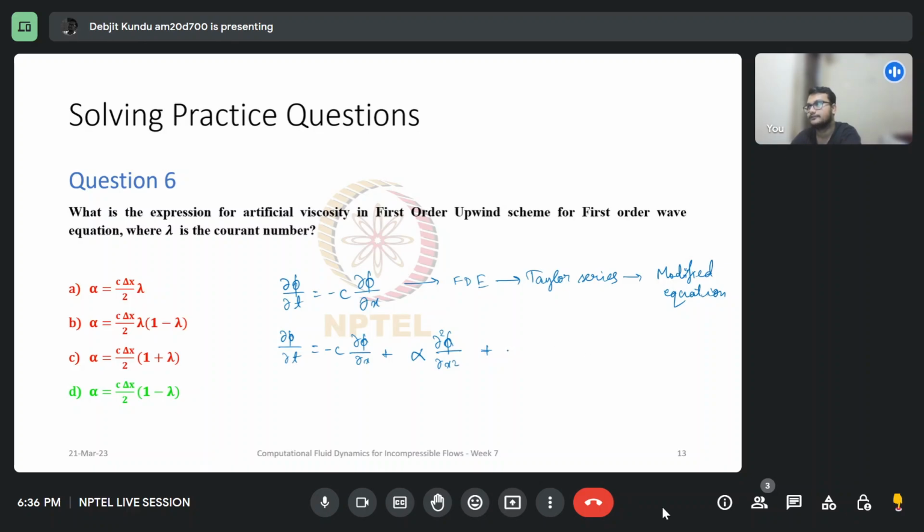We also have one third order term, which we represent by alpha prime. That doesn't matter here. We are worried about the artificial viscosity only. The value of alpha is equal to C delta x by 2 into 1 minus lambda. So that's why option D would be the correct answer.